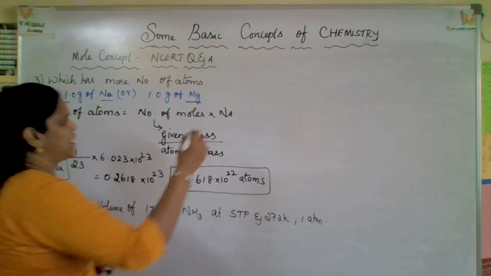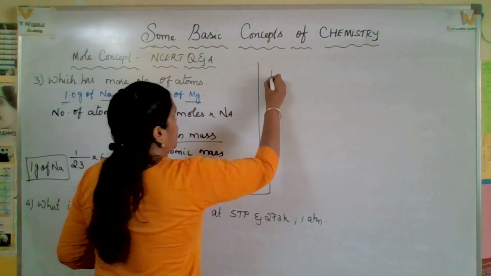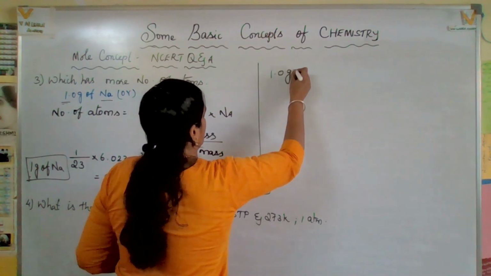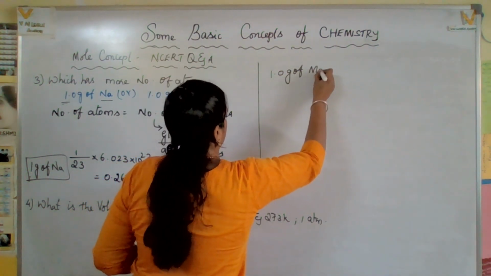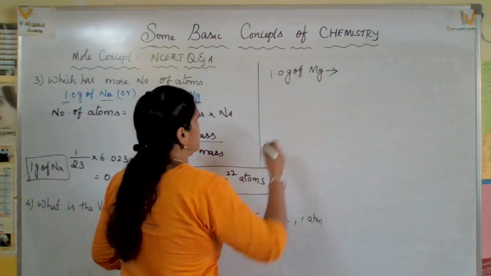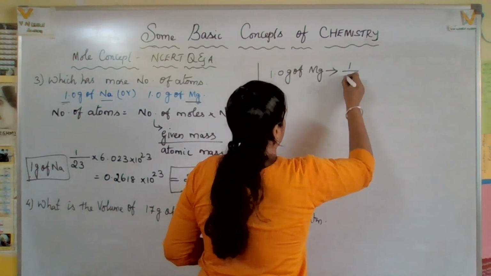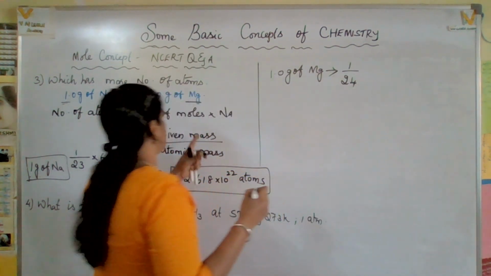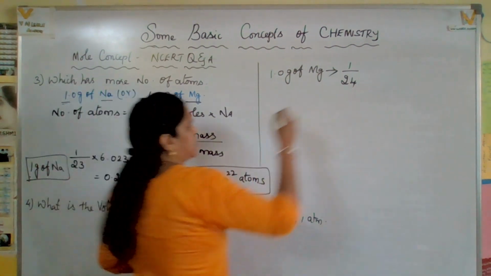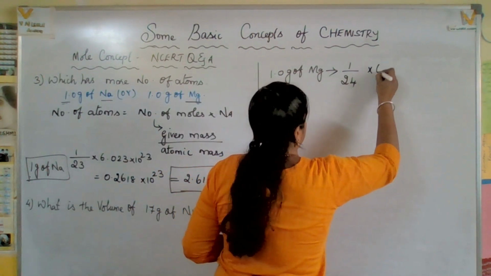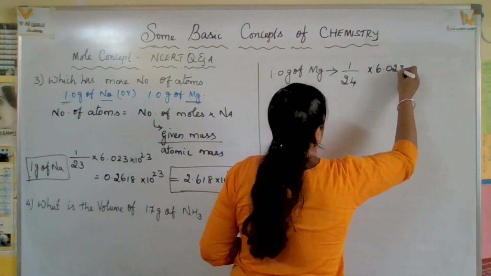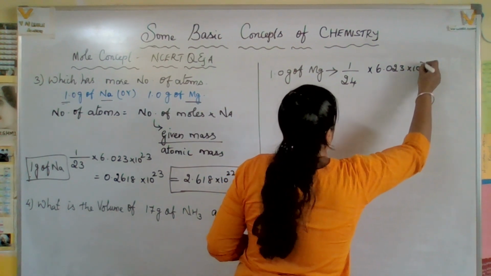Right? Now magnesium, 1.0 gram of magnesium. How will you write it here? The same way, 1 by 24, the atomic mass of magnesium, into Avogadro number 6.023 into 10 to the power of 23.